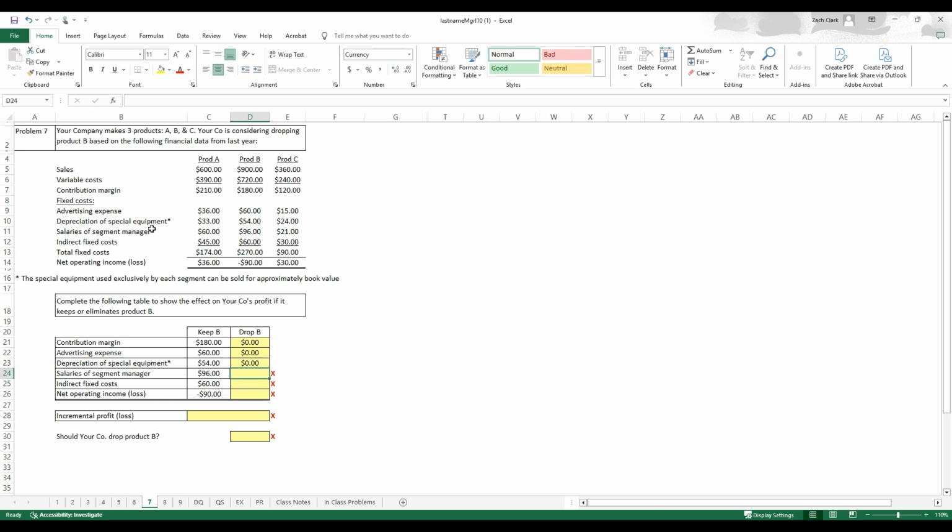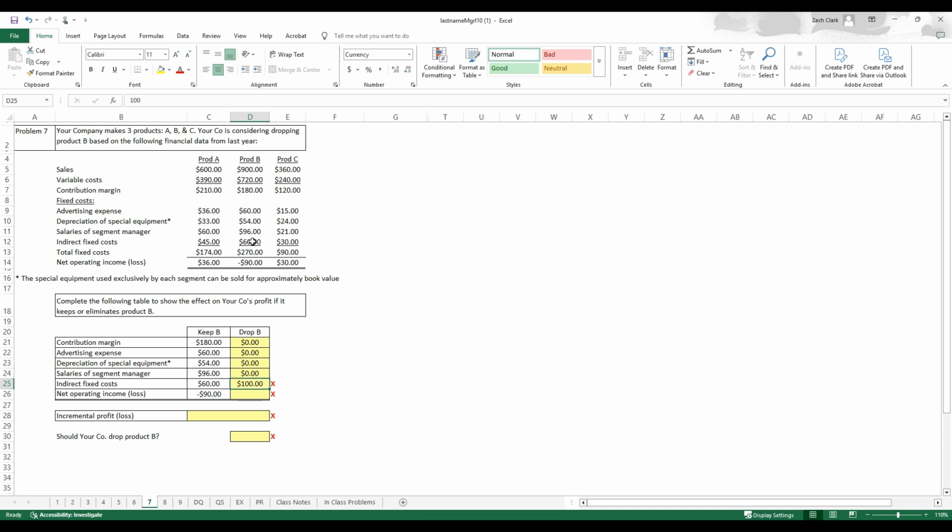We're saying depreciation of special equipment is very direct to this product, and we can sell the equipment. We're not going to lose much money because it can be sold basically for what it's worth, or at least what it's on our books as. Salaries of our manager go away, but the indirect fixed costs are going to stay.